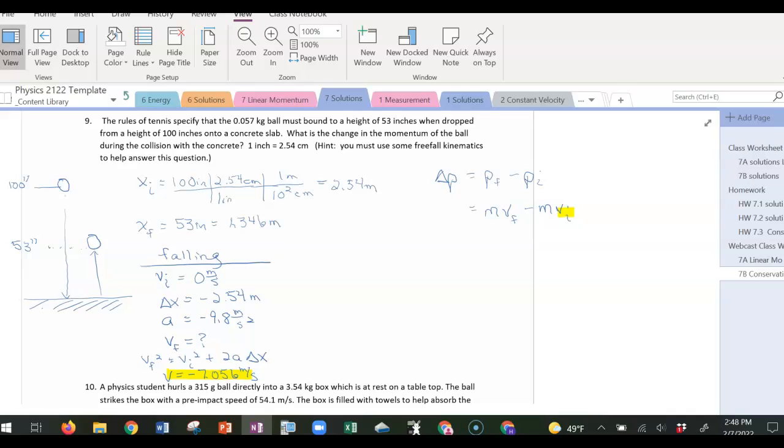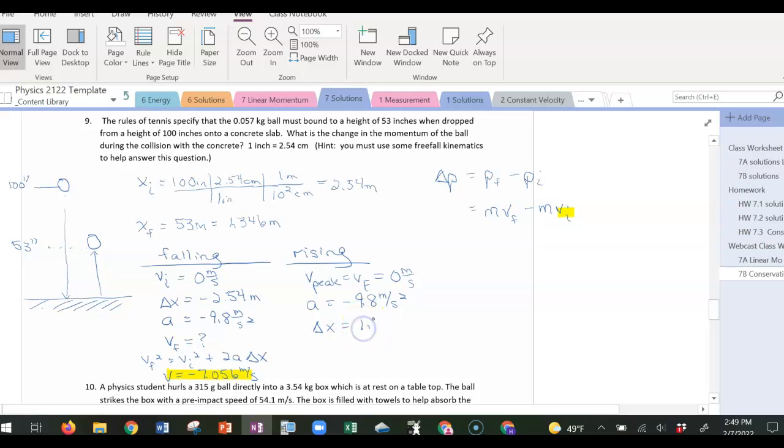Okay, then I want to look at the ball as it is rising up again. So here what I know is that at the peak, in this case, that's the final velocity, is going to be 0, right? At the peak, as it rises up, it will have slowed down to 0. The acceleration is still negative 9.8 meters per second squared. Its displacement, now this is a positive displacement, right?